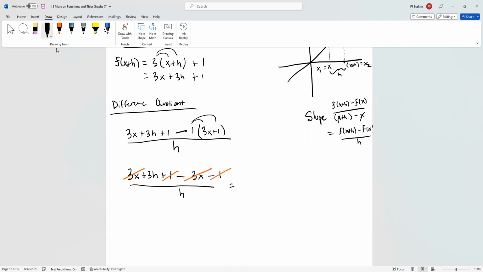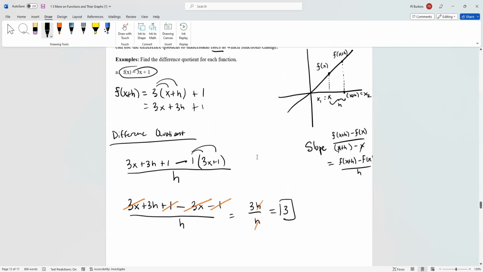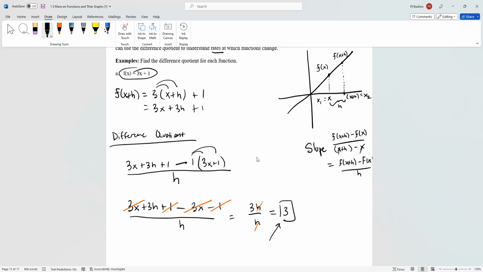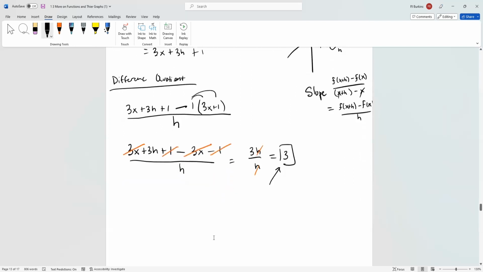This all leaves us with 3h over h, and h divided by h goes to 1. So I am left with 3. One thing I wanted to point out to you, notice we got 3 and the slope of the function is 3. Let's go ahead and take a look at another example.